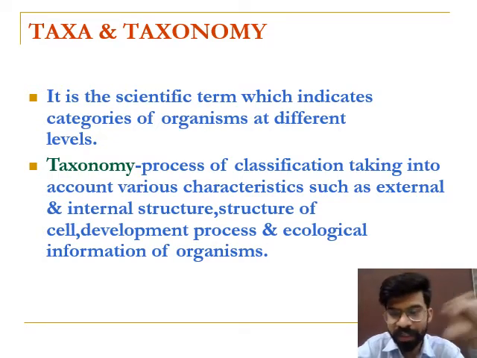So these are the different taxa, the different levels. It is a scientific term which indicates the category of an organism at different levels. And taxonomy is the process by which classification takes place. Means it is the process or the sequence by which an organism is categorized.